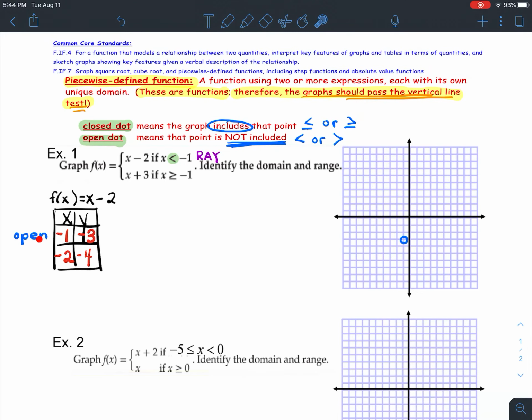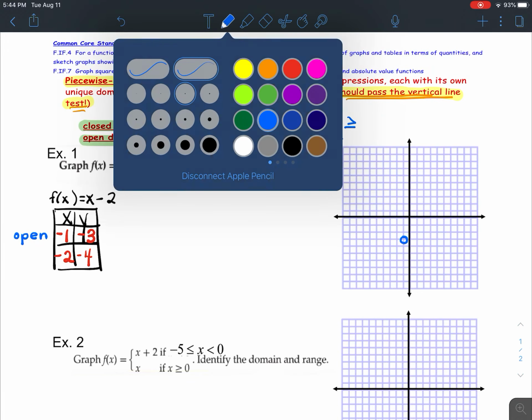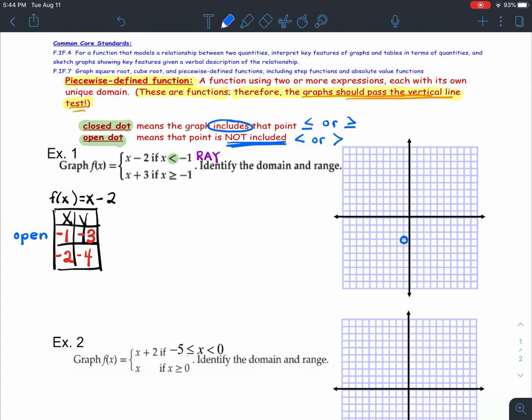Okay, now any point that you're choosing on the rest of the ray, all those points are closed. Only where the ray is starting is the only open point. Okay, so you're going to go ahead and plot a point at -2, -4. But then you're going to move your pencil back to this starting point, -1, -3.